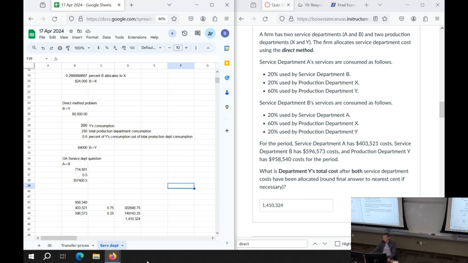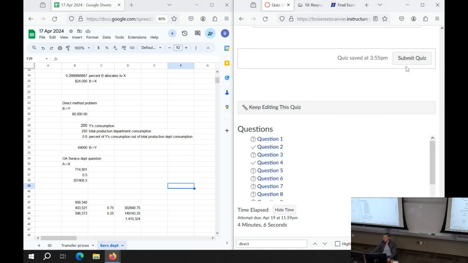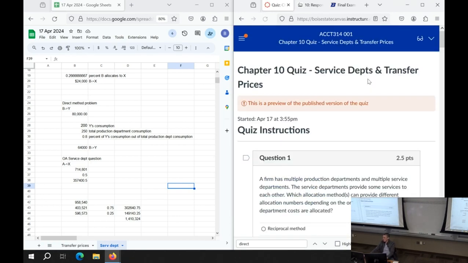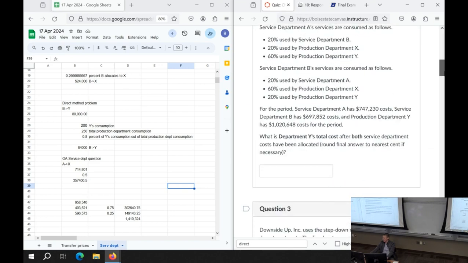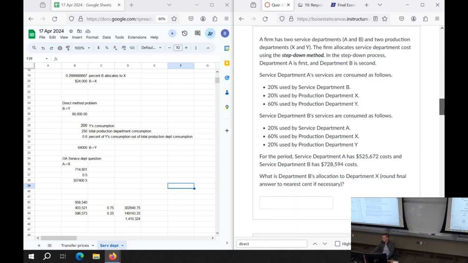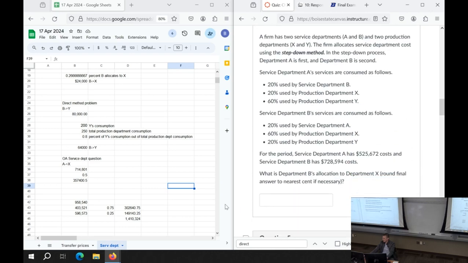I think the one thing we haven't really touched on is an open answer step down question. I see some nods, like maybe we want to see that. All right. So this one is asking for Department B to Department X, and Department B is the bottom step, the down step department.